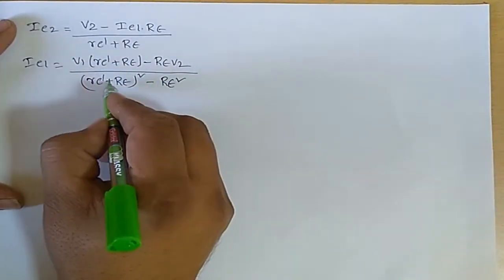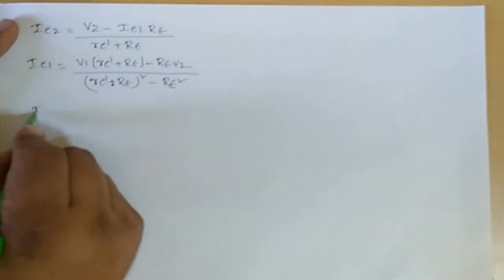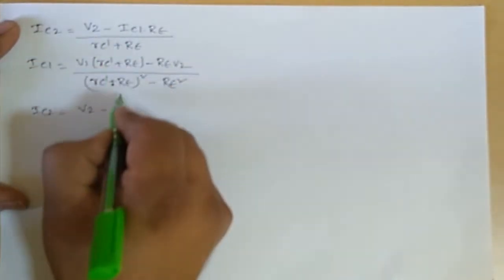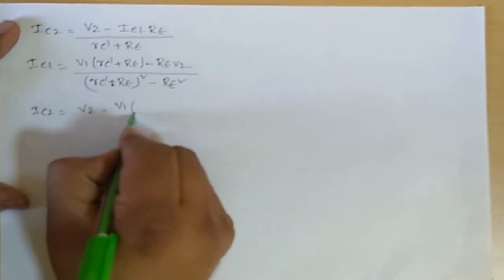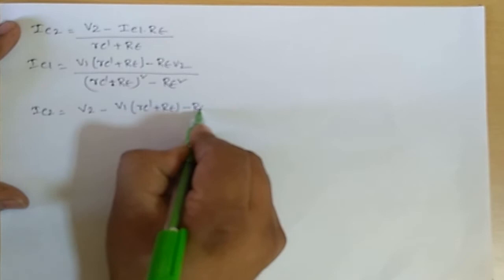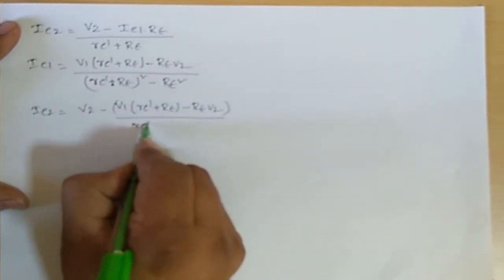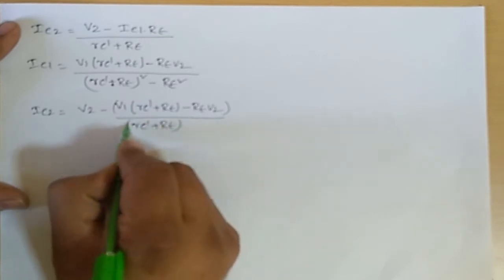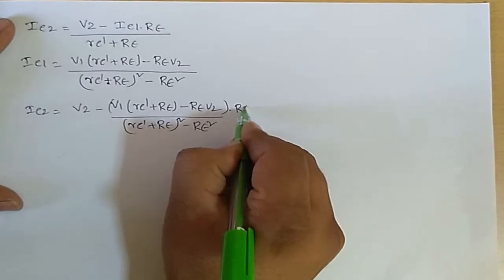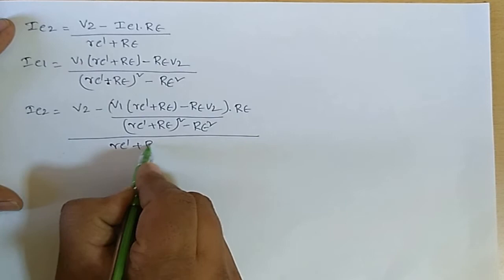Substituting this, we get IE2 equal to V2 minus that IE1, into RE, whole by RE dash plus RE.